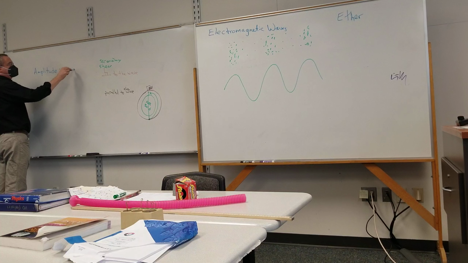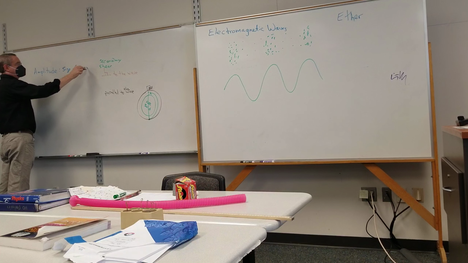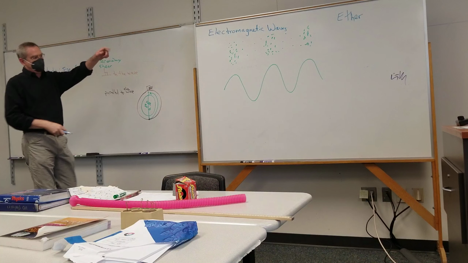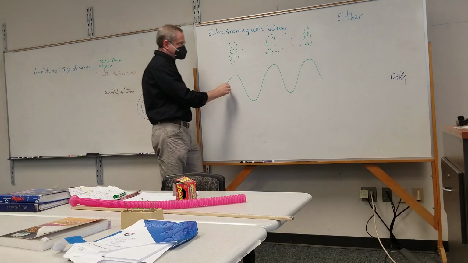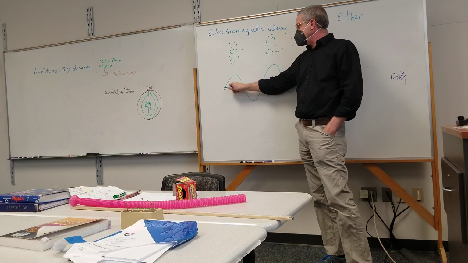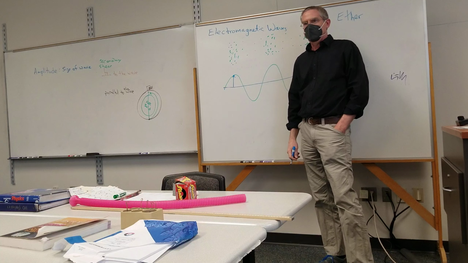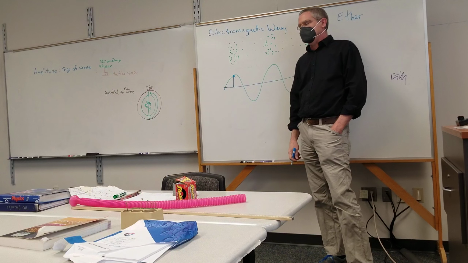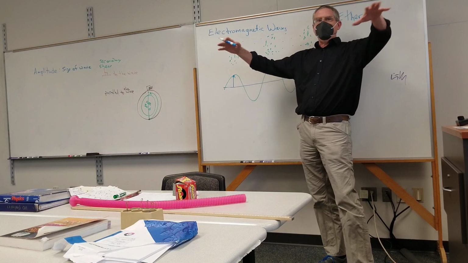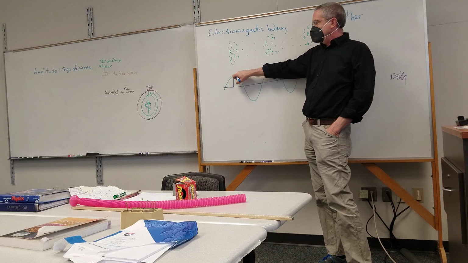Size of wave. If I've got my representation of a wave over here by this squiggle up and down, there's some middle point right there. The amplitude is just the distance from that middle point to the peak. Or if it is dealing with pressure, like in sound, it's from whatever the ambient pressure is in the room to whatever the peak is.